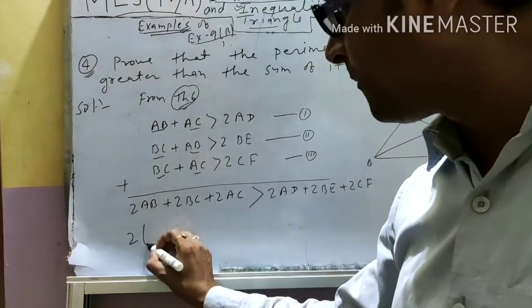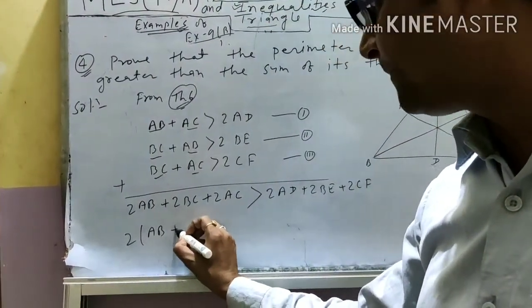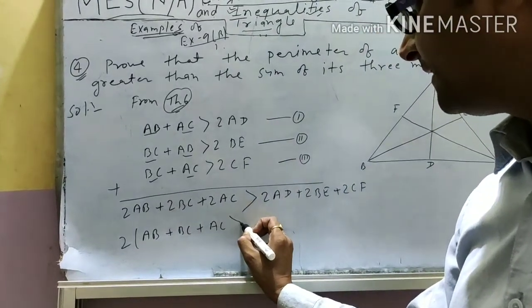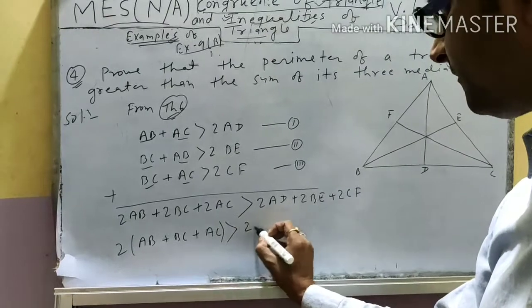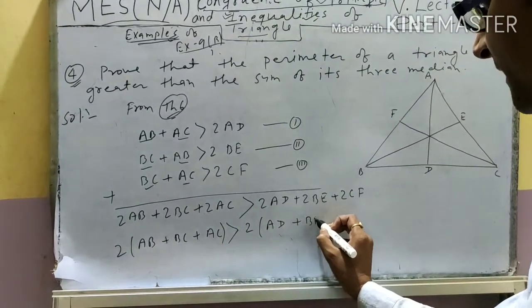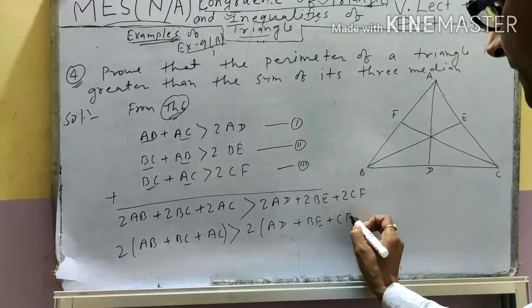Take 2 common: AB plus BC plus AC is greater than 2 times AD, 2 common, BE plus CF.